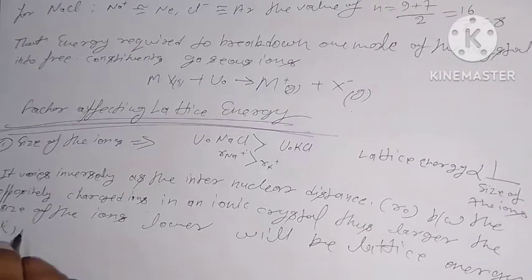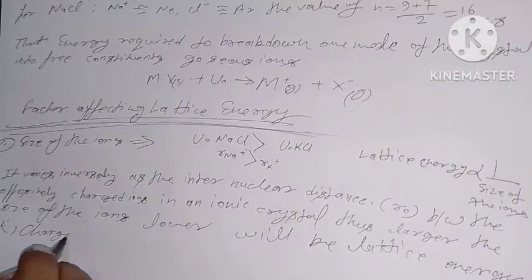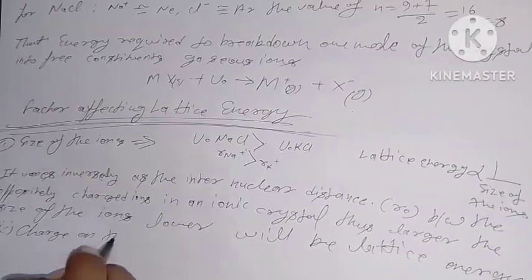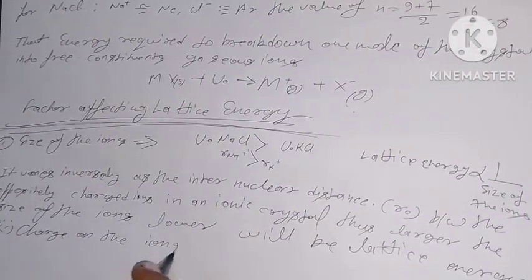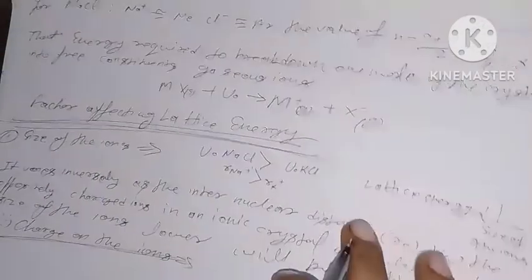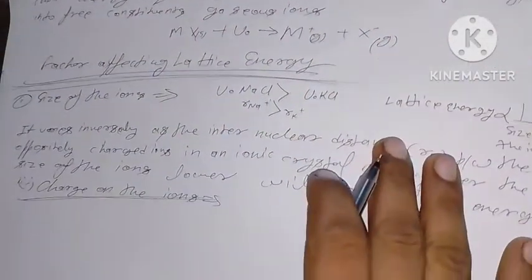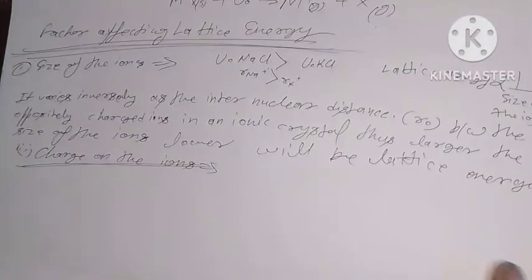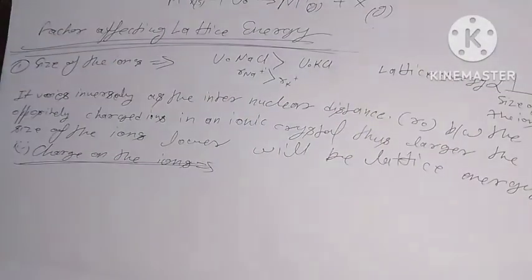Second, charge on the ions. It varies directly as the product of the charges on the ions of the crystals. Thus, greater the charge on the ions, more is the lattice energy.